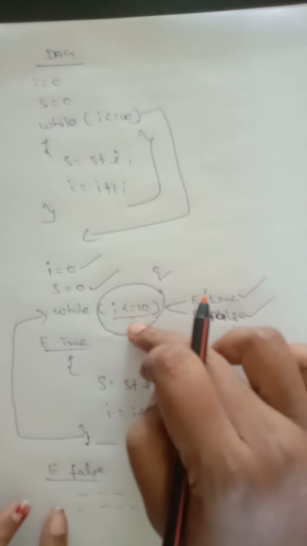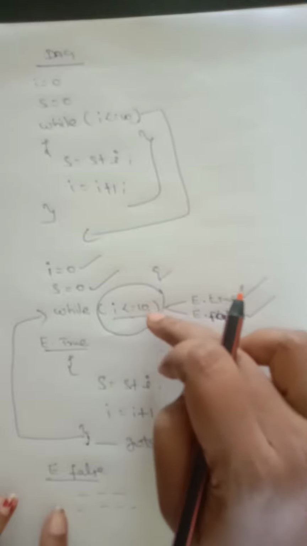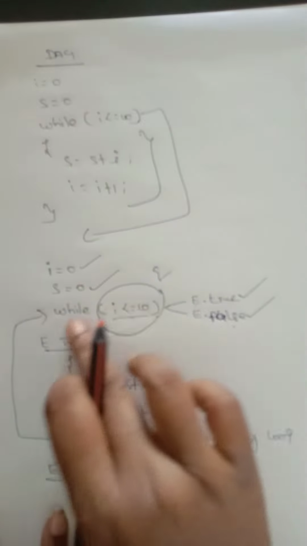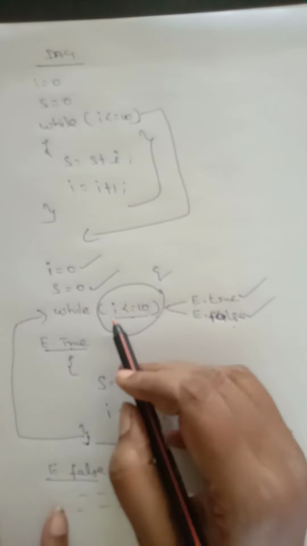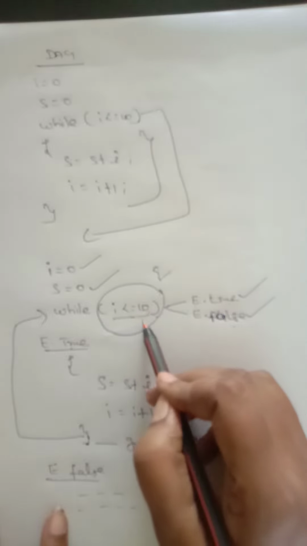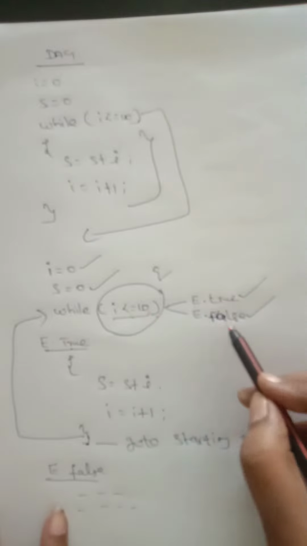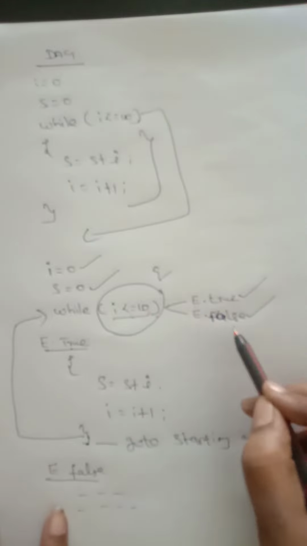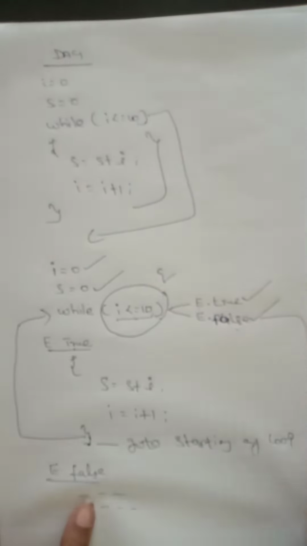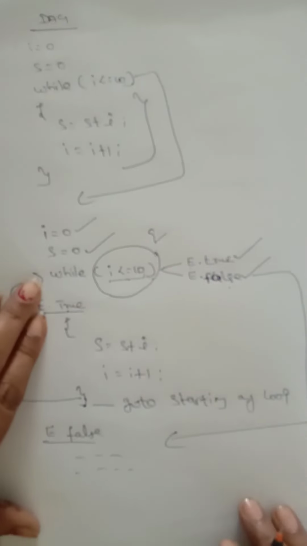Then again we check whether i is less than or equal to 10 or not. If it is, we again evaluate the true block, then go back to the start of while. So the loop continues until i is not less than or equal to 10. Once that happens, the condition fails, and it goes to E.false, the false block, which is the end of the loop.